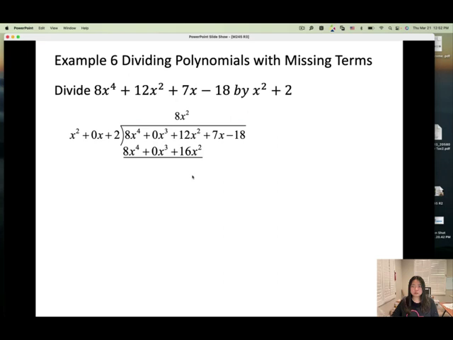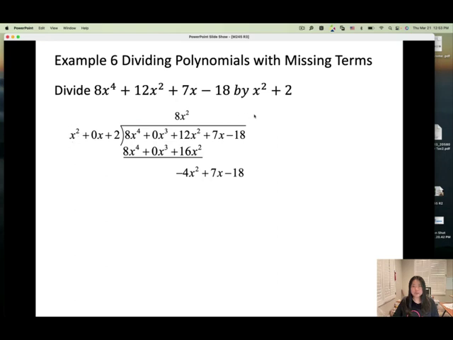Subtraction, you should get negative 4x squared. Okay, you're going to get negative 4x squared, and then you're going to bring down the 7x, and bring down the negative 18. So first figure out this one, negative 4x squared divided by x squared.